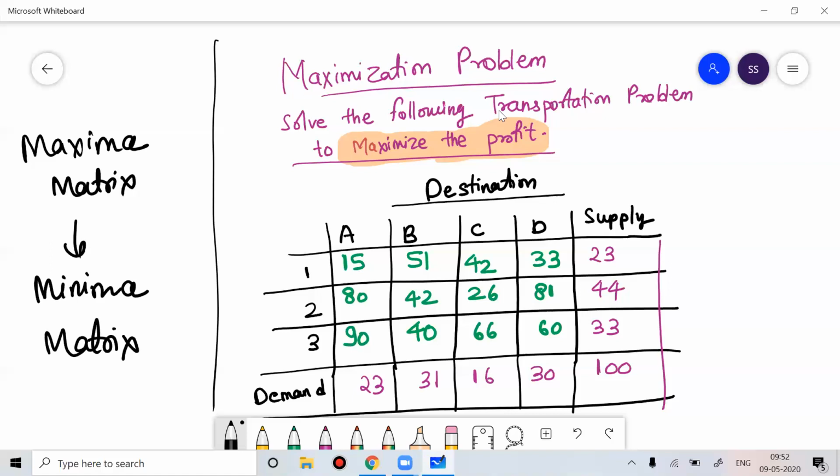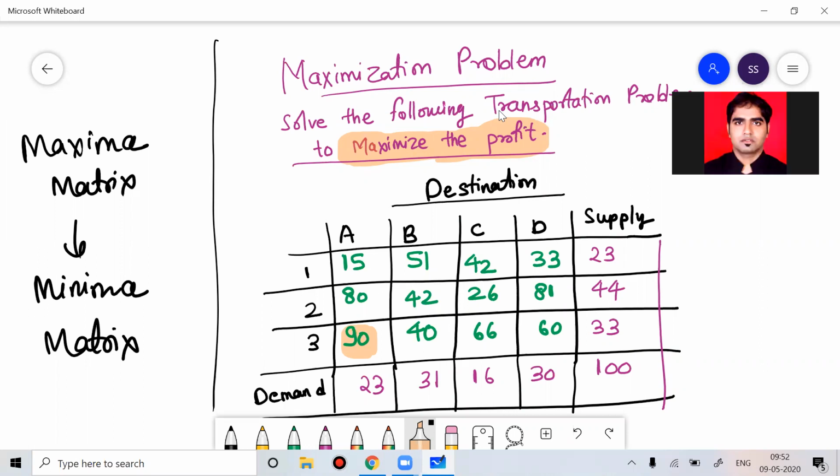You have to choose the element which is the highest out of all the elements within the data. Don't look at supply and demand. See which element is the highest. So the element which is the highest is 90. Did you get that? Yes, sir, I got that element.